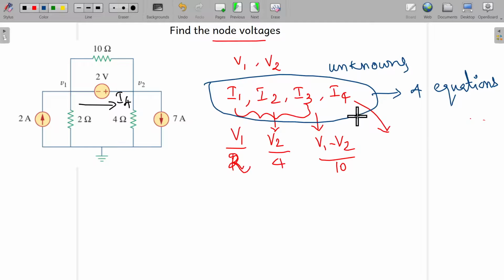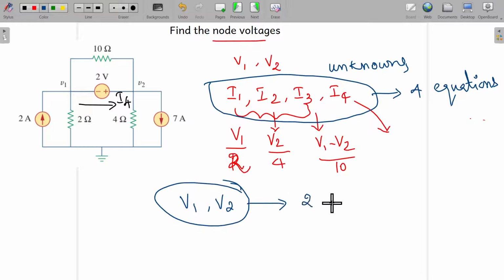So in this case, you must be in a position to write I4 in terms of voltages. But actually we have only V1 and V2, right? Only 2 unknowns. So in order to find 2 unknowns, it is better to have only 2 equations. That is another thing. This is the simple method of finding the solution.